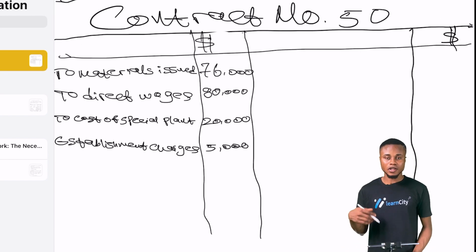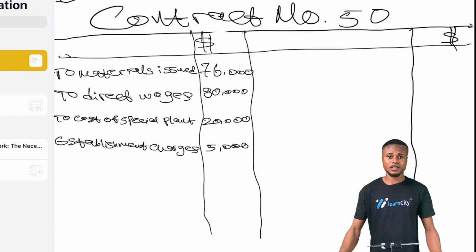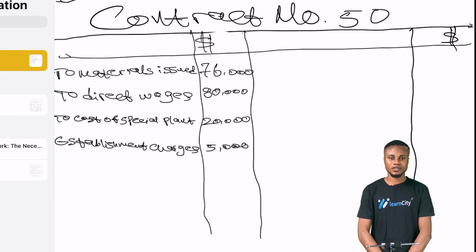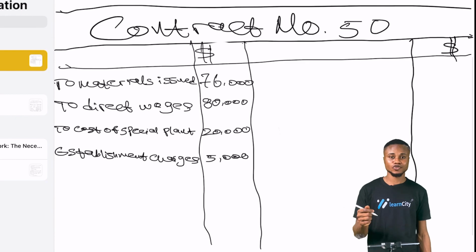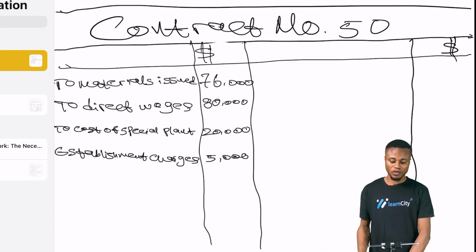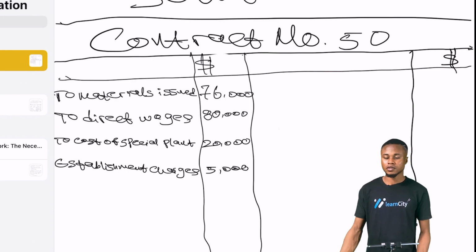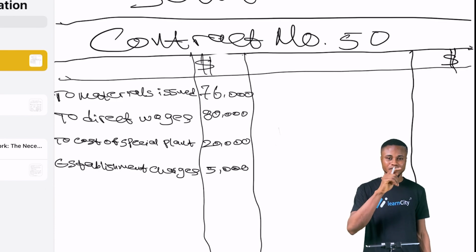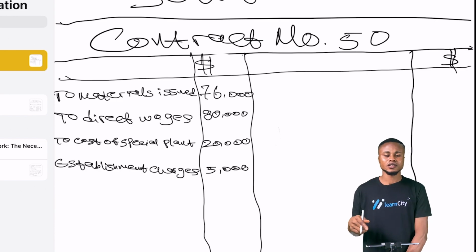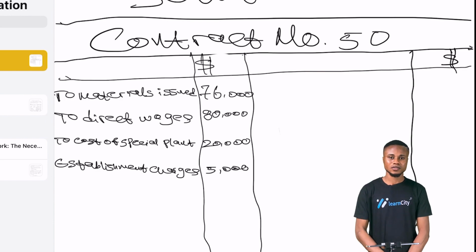So let me now move into the credit side of the contract account because, as the question is obvious, all those items I've touched them. I don't think there's anything else that needs to be posted to the debit side. We are still preparing the contract account first. So the credit side now, if you can remember in the little explanation I gave earlier, anything related to material that they remove from that contract will be credited out of this contract account.